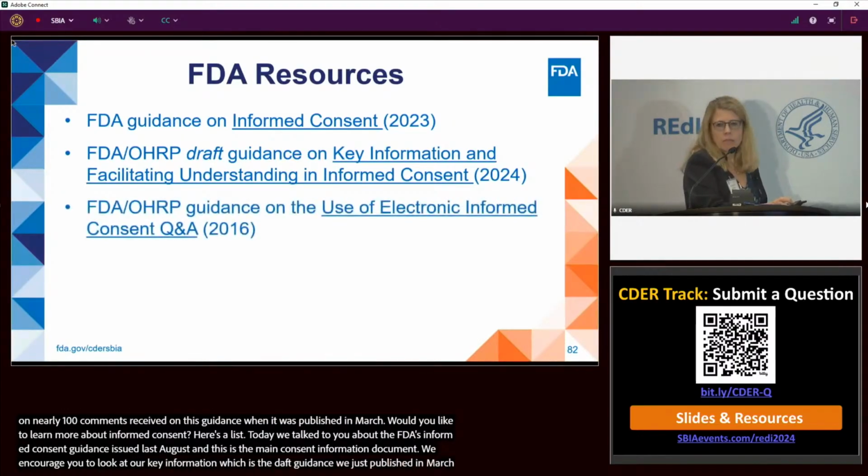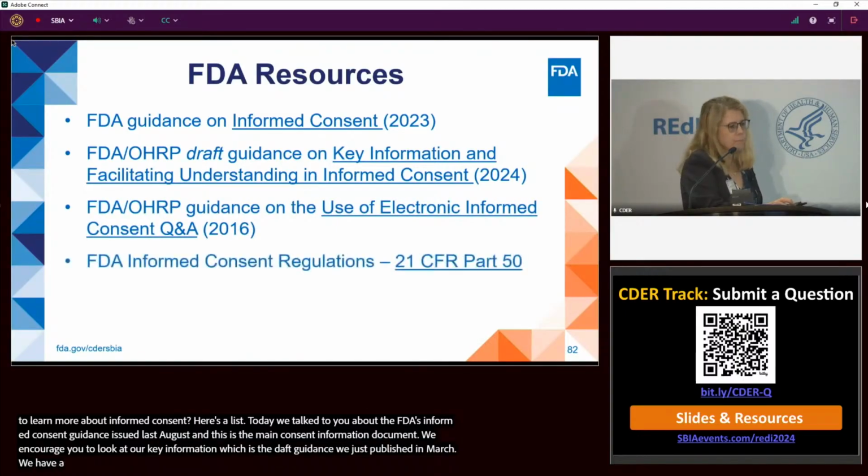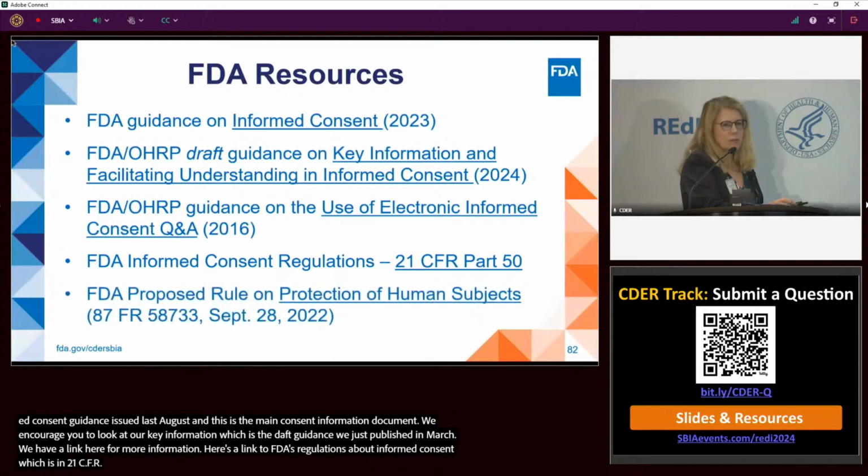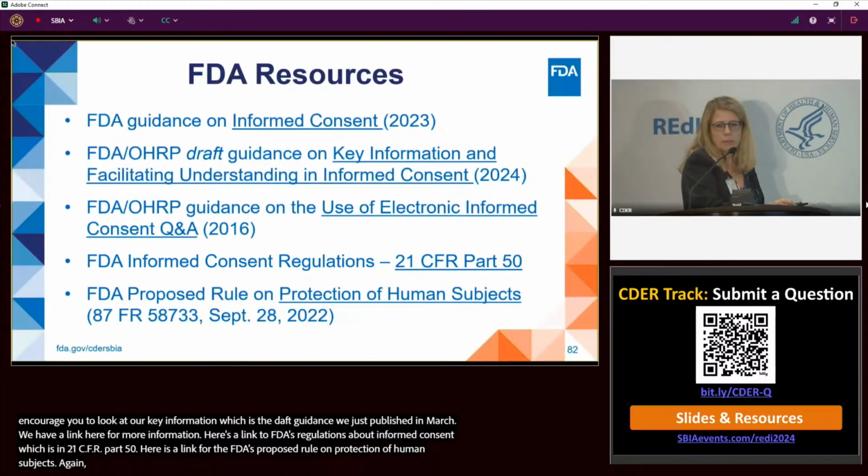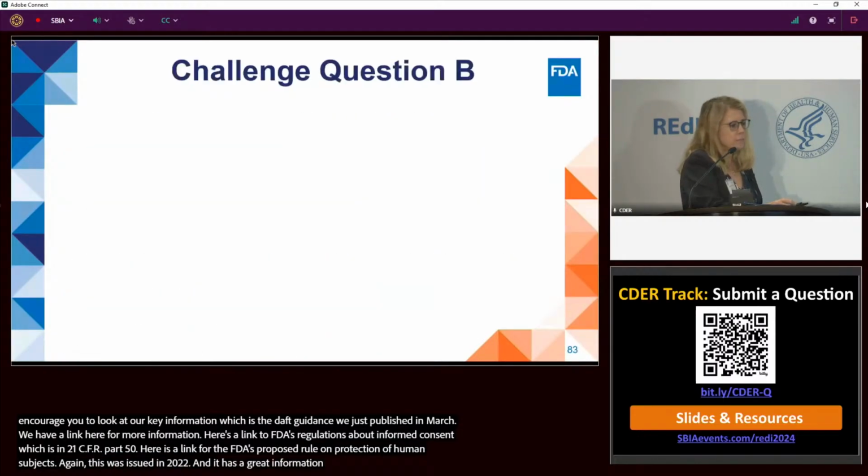We also have a link here for the electronic consent guidance for more information there. Here is a link for FDA's regulations about informed consent, which are in 21 CFR Part 50. And here's a link for the FDA's proposed rule on protection of human subjects. Again, it was issued in 2022 and has a great deal of information in it.